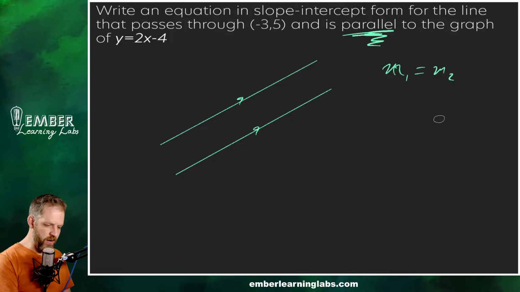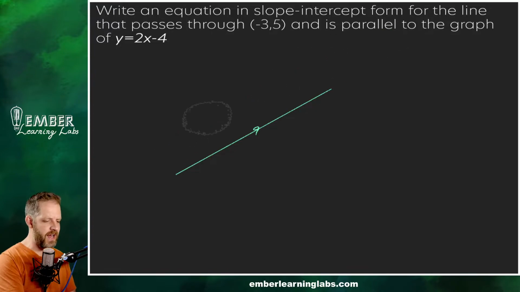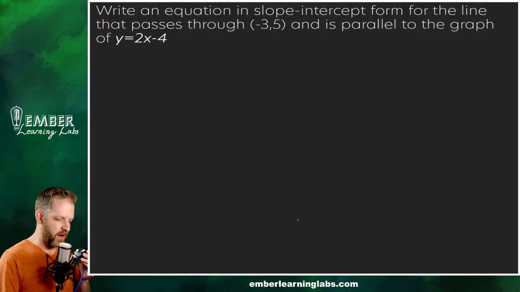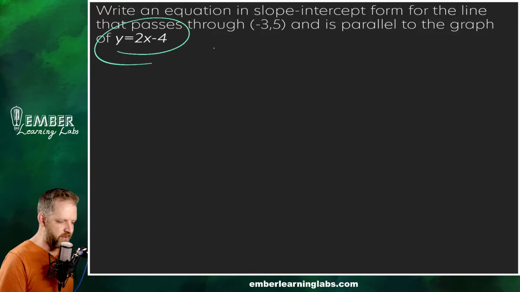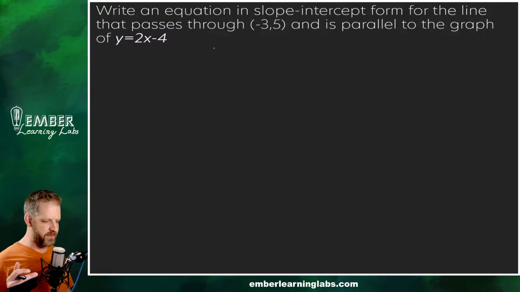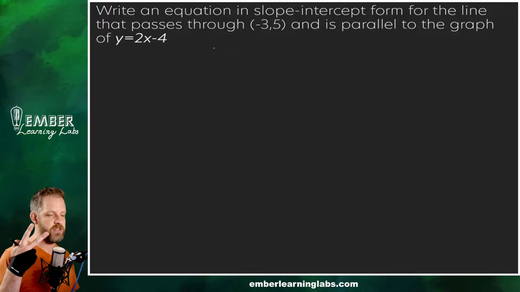A really common problem that I have seen happen when we do these is people want to say, okay, here's a line, there's the equation, we circle it and move on with our lives. So it's really important that we keep in mind that on these problems, there are two lines being talked about.